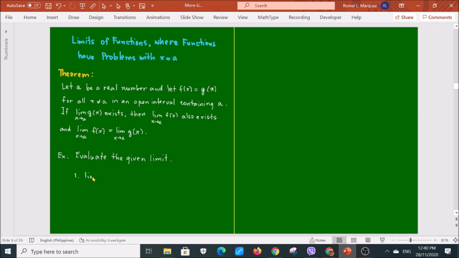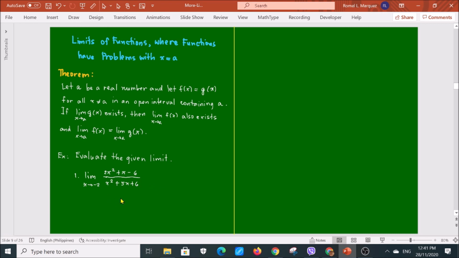Let's say we have the limit as x approaches -2 of 2x squared plus x minus 6 over, so I have to think of a problem in the denominator, so x squared, I want it to have a problem at -2, plus 5x plus 6.